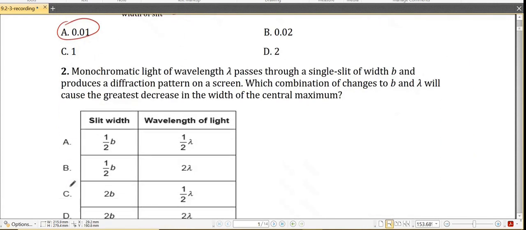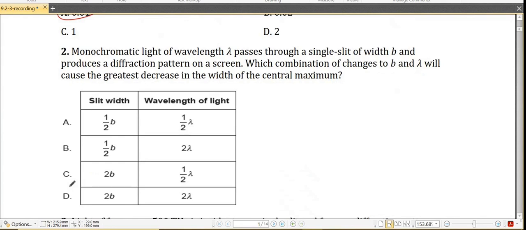Let's look at question number 2. It says monochromatic light of wavelength lambda passes through a single slit. Again, it's talking about single slit diffraction. The slit width is b and it produces a diffraction pattern on a screen.